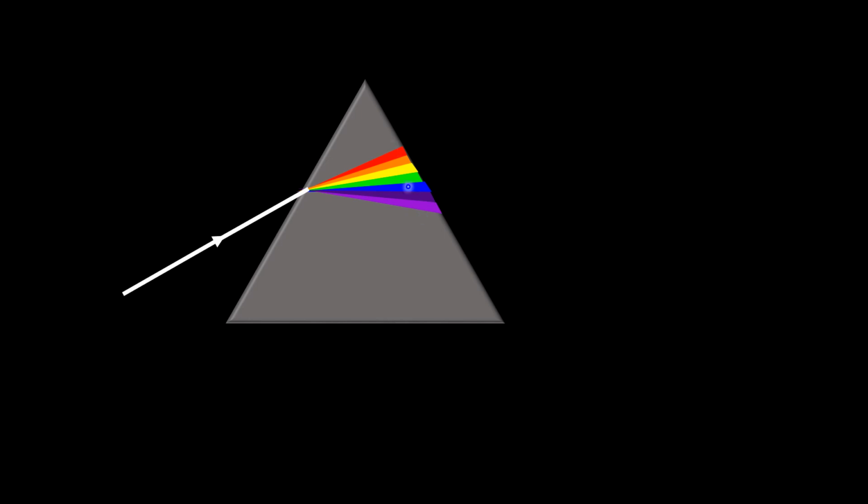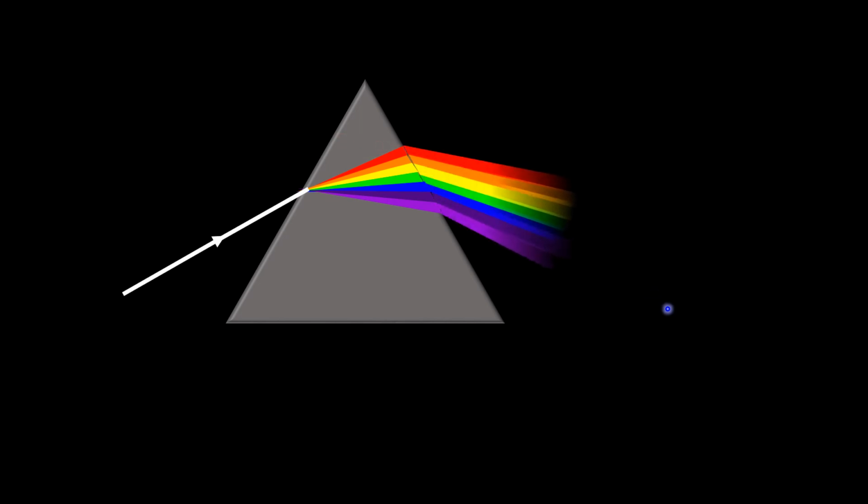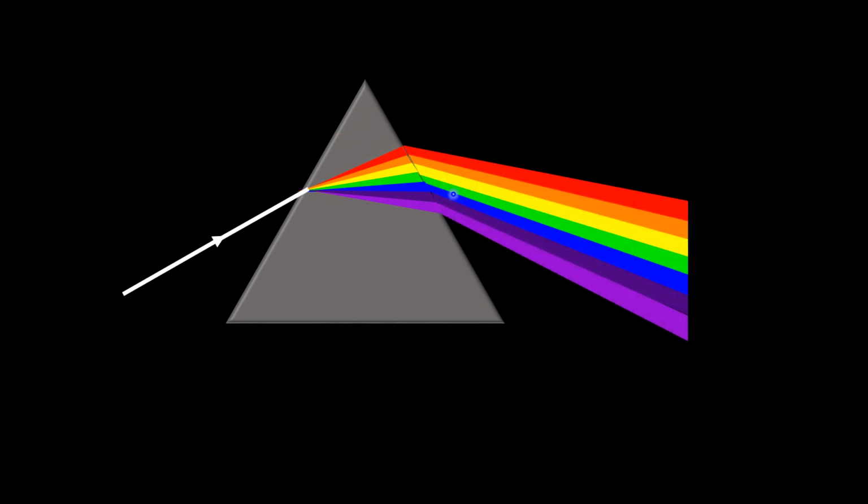Again, all these colors are traveling from denser to rarer medium. Again, they will bend, isn't it? So finally, you will get a rainbow on the screen like this. This is VIBGYOR: violet, indigo, blue, green, yellow, orange, red.